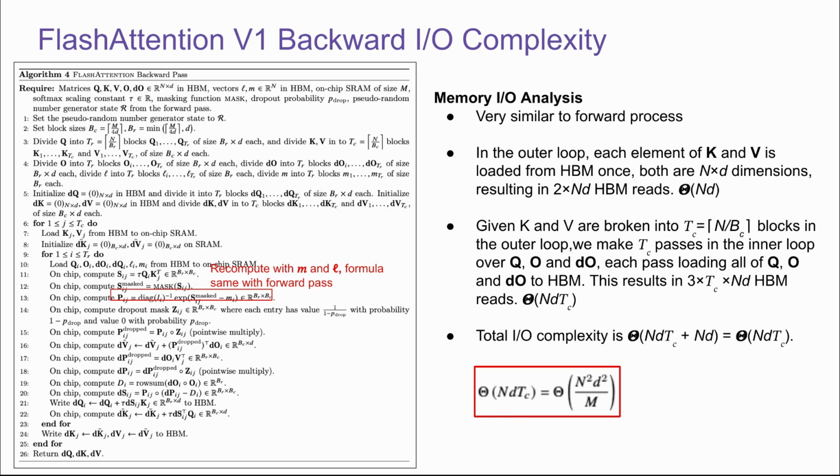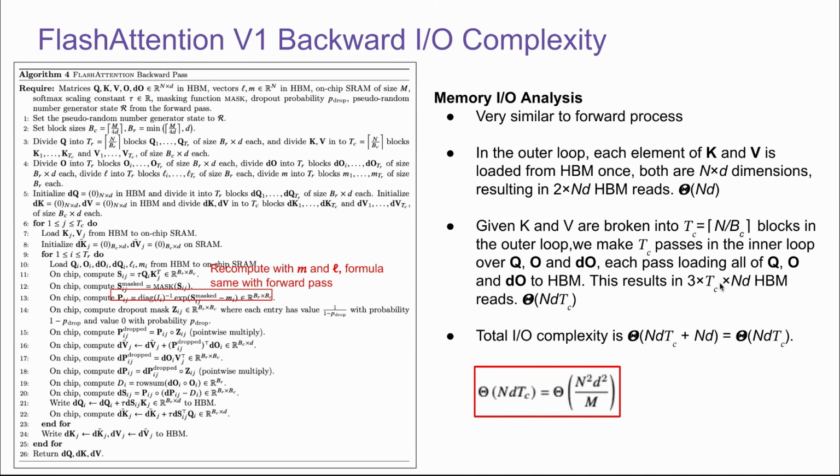Now let's take a look at the IO complexity. It's actually very similar to the forward process. In the outer loop, each element of K and V is loaded from HBM once. Both are n by d dimensions. So this is Theta(nd) HBM reads. And given K and V are broken into T_c blocks in the outer loop, we make T_c passes in the inner loop over Q, O, and dO, each pass loading all of Q, O, and dO from HBM.